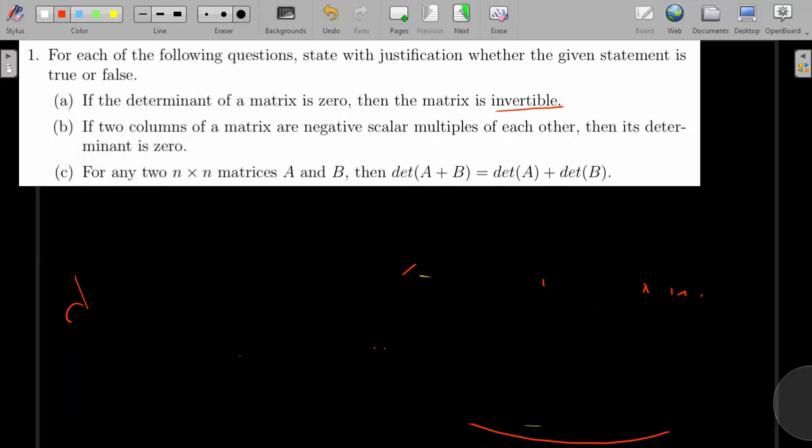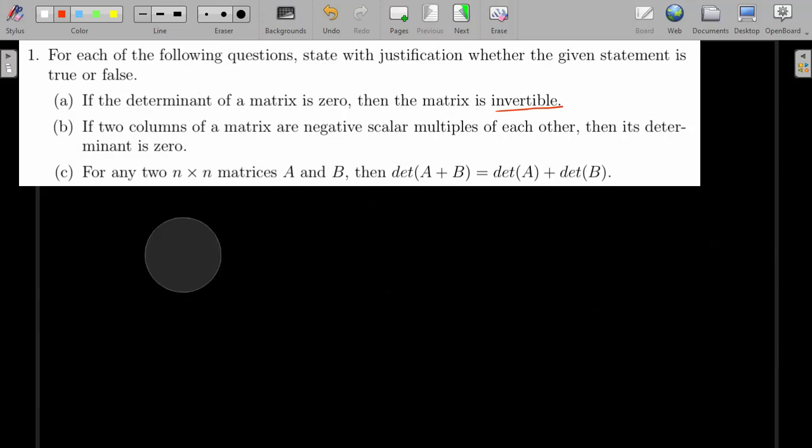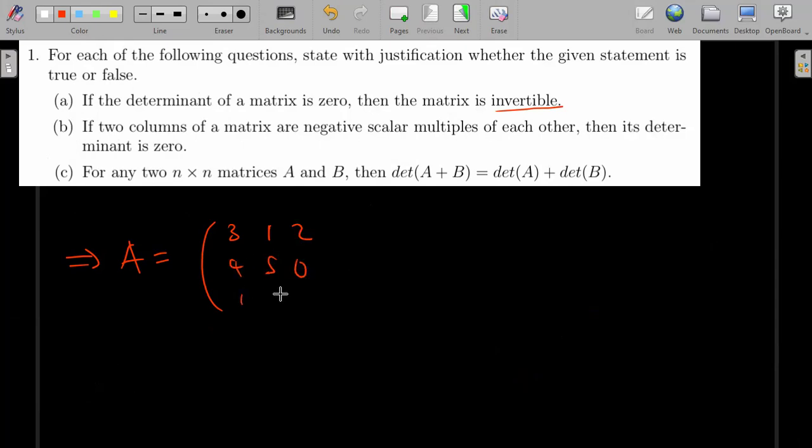All right, let's look at B. They're saying if two columns of a matrix are negative scalar multiples of each other, then its determinant is 0. Here you're just using the properties of determinants. If you have a matrix, let's say matrix A, I'll just pick any numbers here, maybe 3, 1, 2, 4, 5, 0, and then 1, 2, 2.